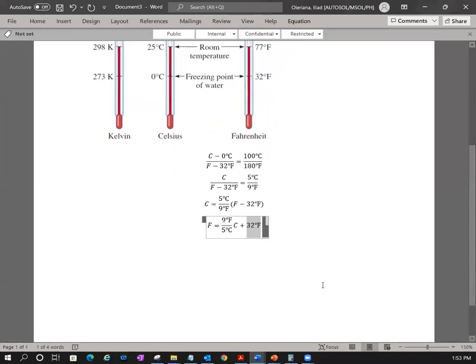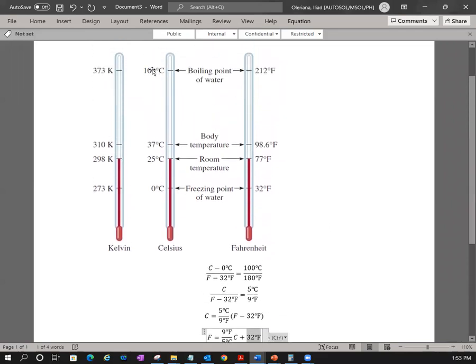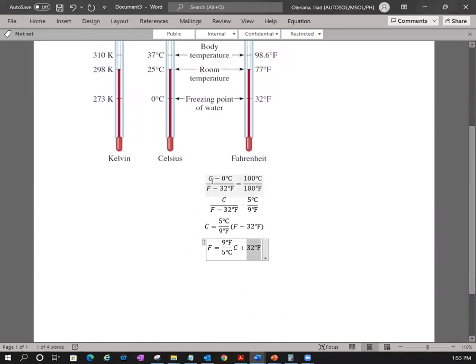Now, let us see if we use the boiling point as our reference point, whether we arrive at the same conversion equation. Okay? So earlier, our reference was 0 degrees in Celsius and 32 degrees in Fahrenheit. Now, our reference will be 100 in Celsius and 212 in Fahrenheit.